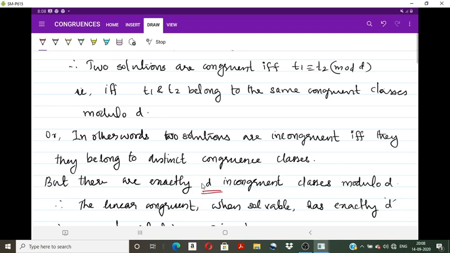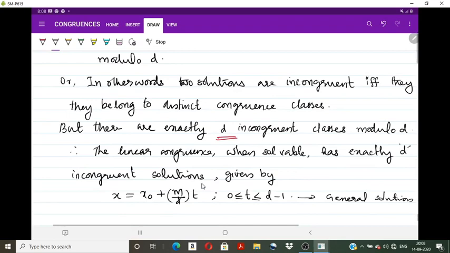Therefore, the linear congruence, when solvable, has exactly d incongruent solutions which are given by x naught plus m by d into t, where t has the values 0, 1, 2, 3, up to d minus 1. This form is known as the general solution of the linear congruence. So the linear congruence has exactly d incongruent solutions.